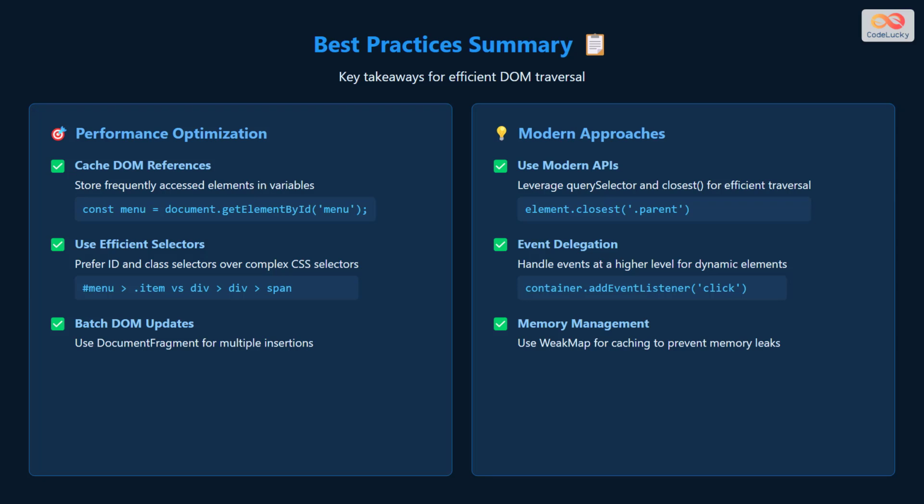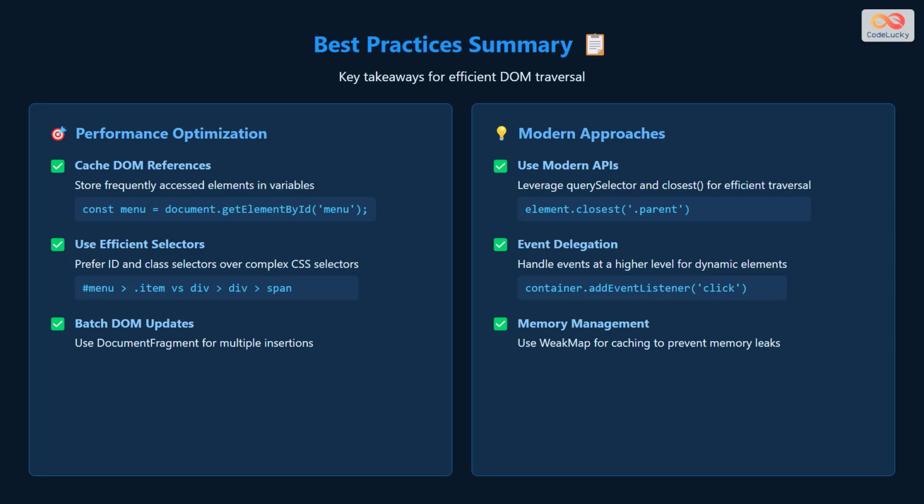Let's summarize the key takeaways for efficient DOM traversal. For performance optimization, cache your DOM references in variables to avoid repeated DOM queries. Use efficient selectors like IDs and classes over complex CSS selectors. Always try to batch your DOM updates using document fragment to minimize reflow and repaint.